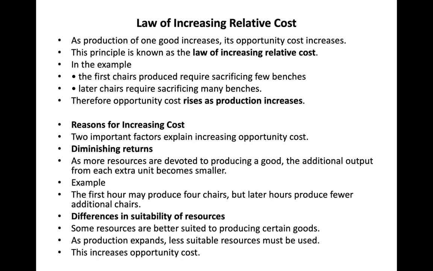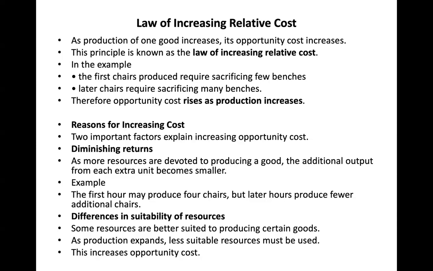Assuming you have 1 acre of land and you are producing maize, and you start with one laborer, and the laborer was able to produce 4 bags of maize. Then you add 2 laborers, they were able to produce, let's say, 8 bags of maize.